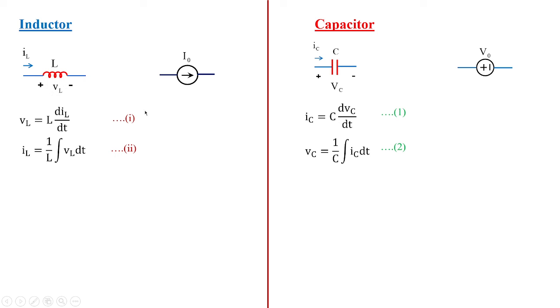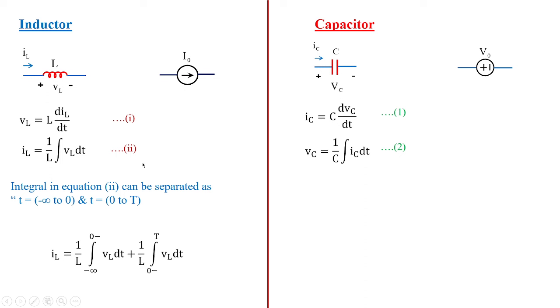So these are the other two basic formulas you need to remember when dealing with transient analysis. Again, one thing to remember, the integral in equation 2 can be separated as t equal to minus infinity to 0 and t equal to 0 to t, where this equation 2 is framed as IL is equal to 1 by L integral from minus infinity to 0 minus VL dt.